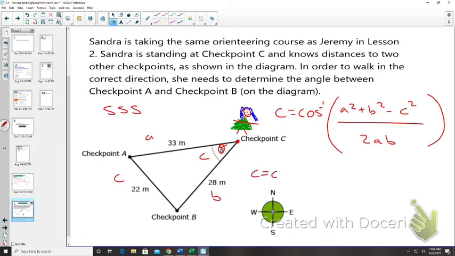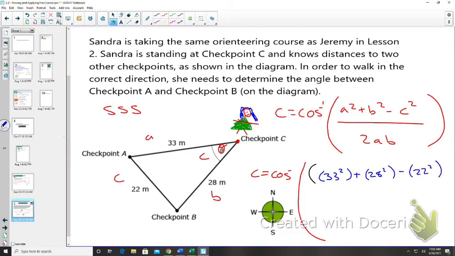Okay, so C is equal to cos inverse. Be careful, and just watch me do this, please, because I want to make sure that you get the right brackets. So right away it opens a bracket, right? Now you need to open a bracket for the numerator, and now we're gonna do a squared in brackets, so 33 squared plus b squared, which is 28 squared. Do you have to have 3 brackets? Yep. Minus c squared, which is 22 squared.